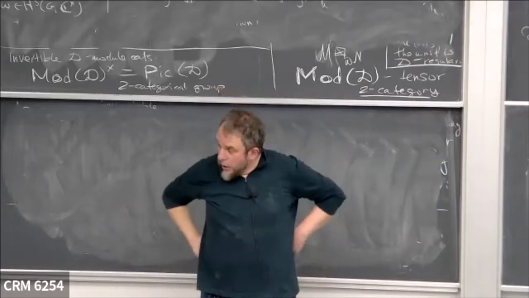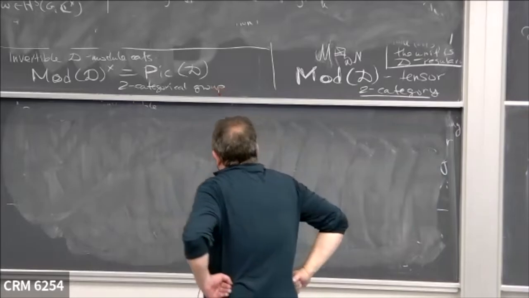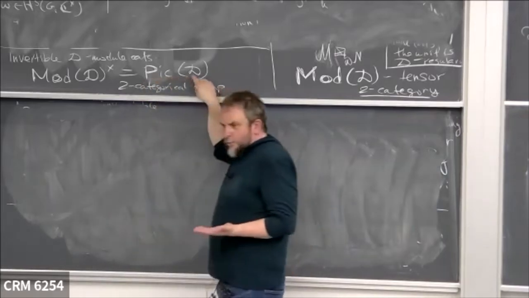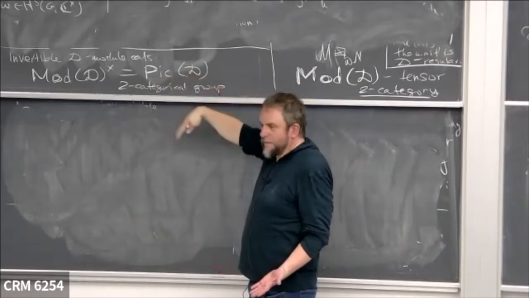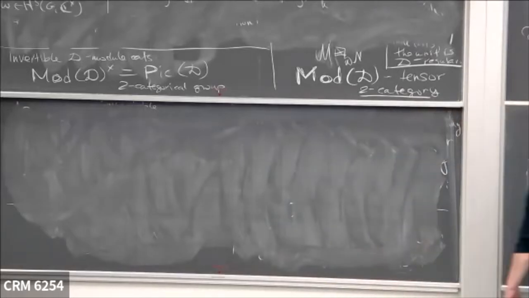Sorry, if we know the Picard group, are we able to classify all the extensions of the module category? Well, it depends on what you mean. If you know just the underlying group, then no, because we need morphisms between them and so on. At least if we know it as a one-categorical group, there is a procedure, but you would face an obstruction at the end.